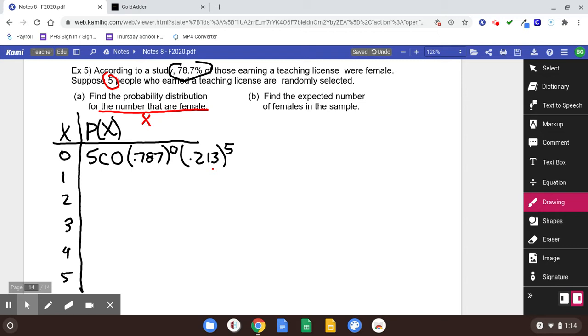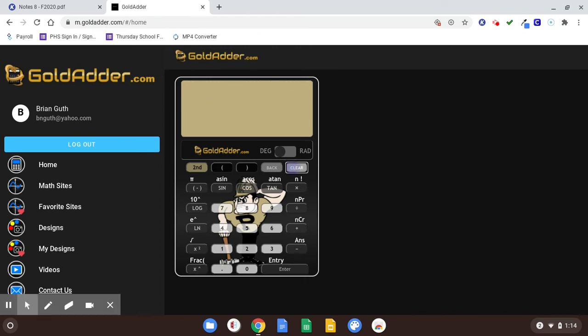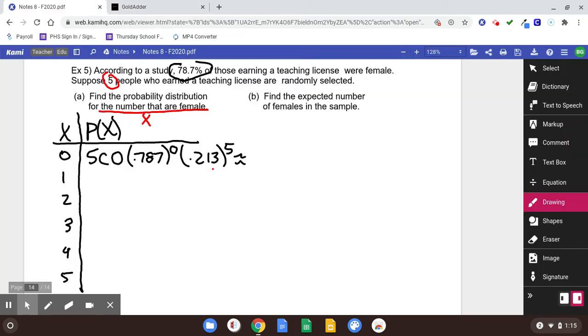Okay, so let's put that in the calculator. 5 choose 0, you should know that's 1, times 0.787 to the 0, which is also 1, times 0.213 to the 5th power. It's a really, really low probability, 0.0004. Again, I like 4 decimals, so 0.0004.